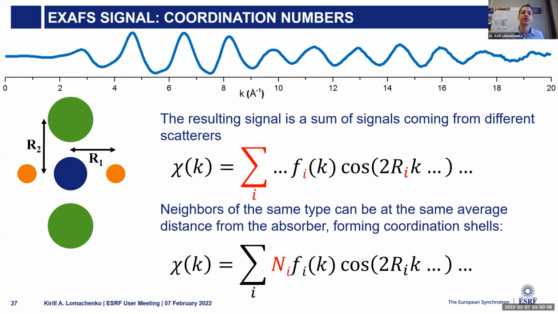And then instead of summing over all the atoms, we can sum over different coordination shells and put the coordination number, basically the number of atoms in a particular shell, inside the sum here. So here already we start having our meaningful parameters, the coordination numbers in the particular neighboring shell.